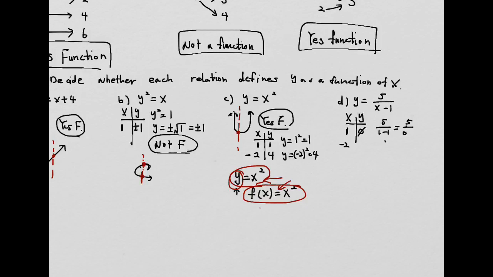Then I get 5 over negative 2 minus 1, so it will be 5 over negative 3. So that's negative 5 over 3. You can try a few more numbers, but you can see already you will only get one solution when you replace x with different values. So you will say this is going to be a function.